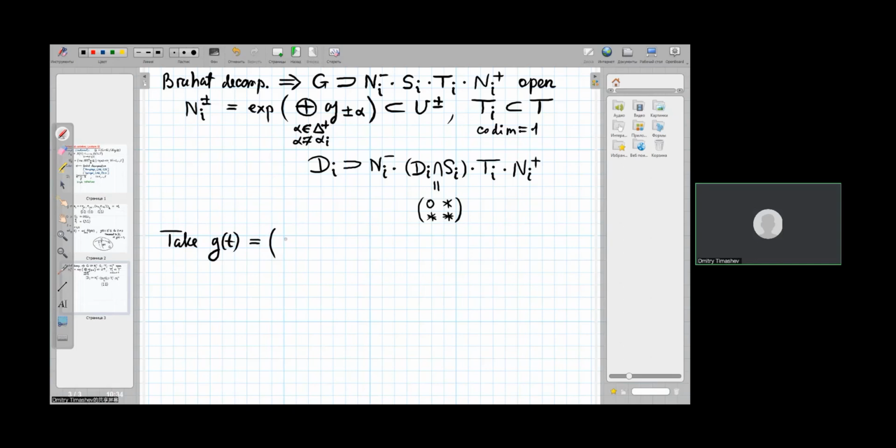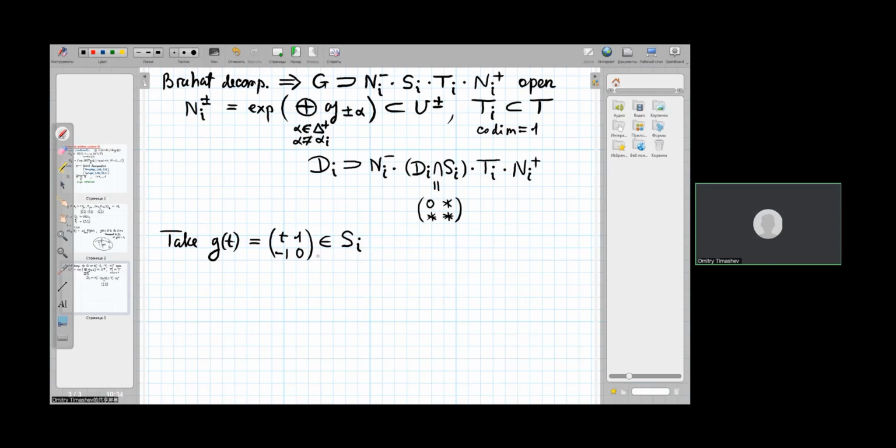In this matrix presentation, this curve will be given by matrices of this form. We understand this matrix as an element in Si. Is that clear? Yes.